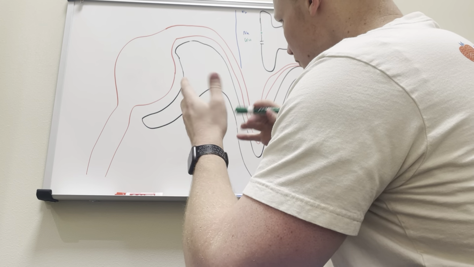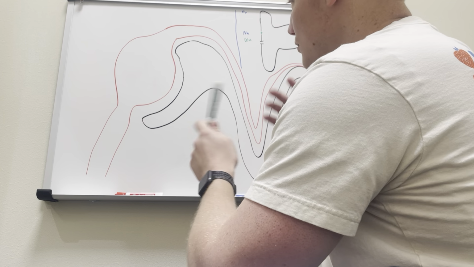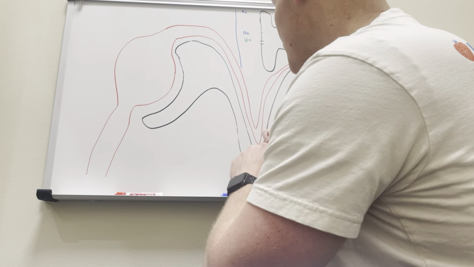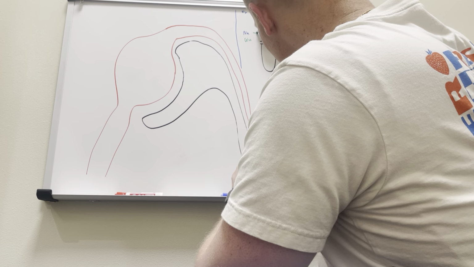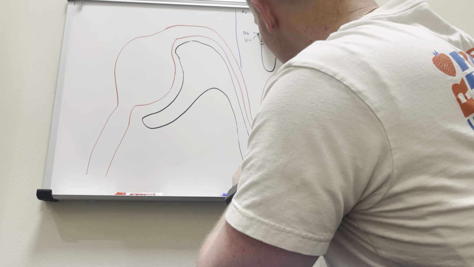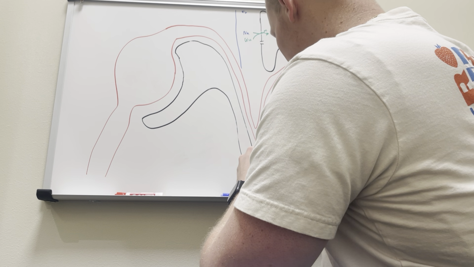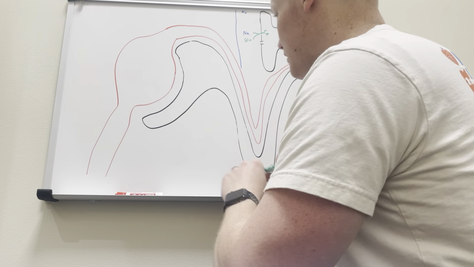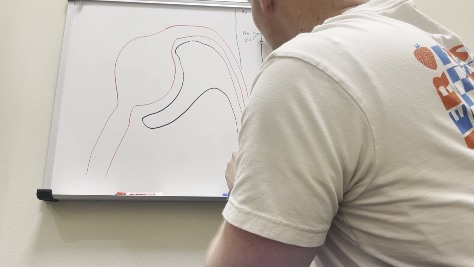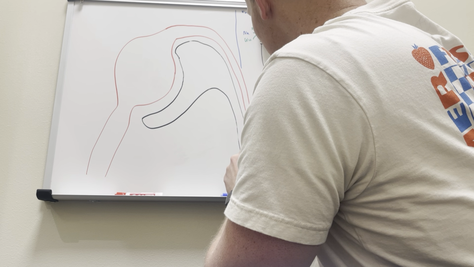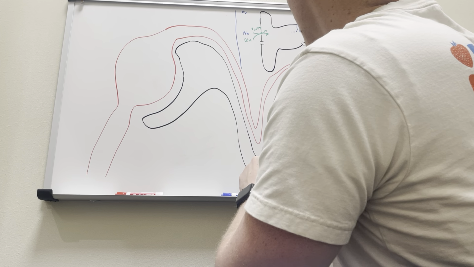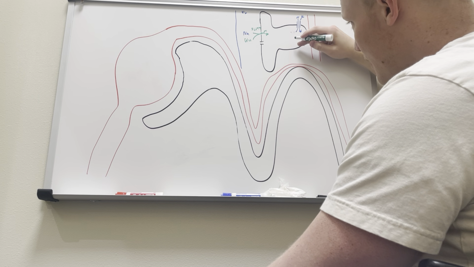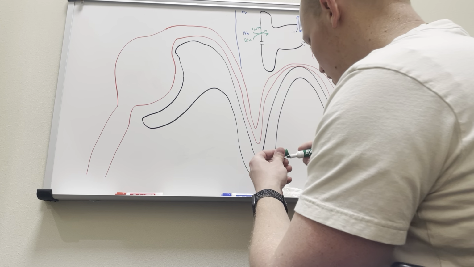So what happens is glucose is 100% reabsorbed here in the proximal convoluted tubule. So sodium will come through this transporter and it'll bring glucose with it. And this transporter, as far as glucose is concerned, is special. It is called the SGLT2.